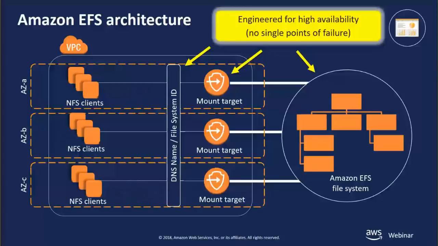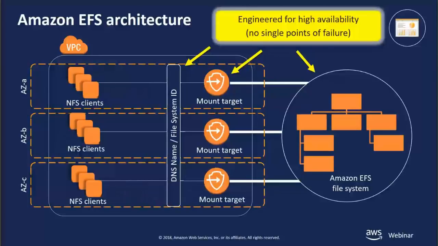You would create one mount target in each availability zone that the resources in your VPC are in. Then your NFS clients, or your resources, would mount that file system using a single DNS name, and that will then allow you to gain access to that file system.